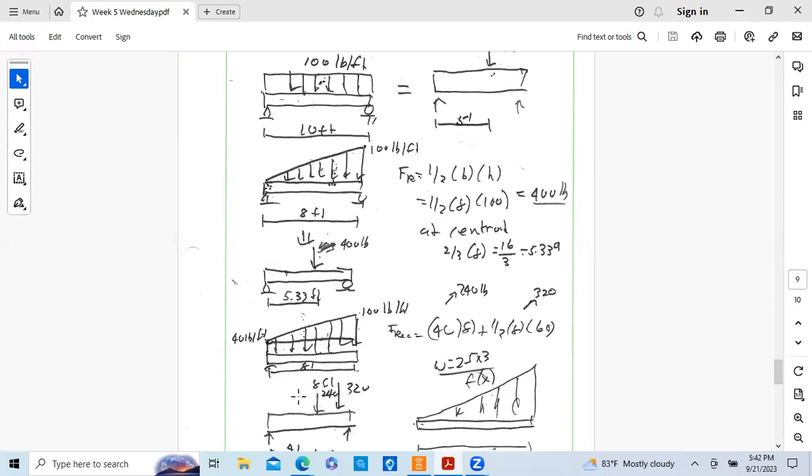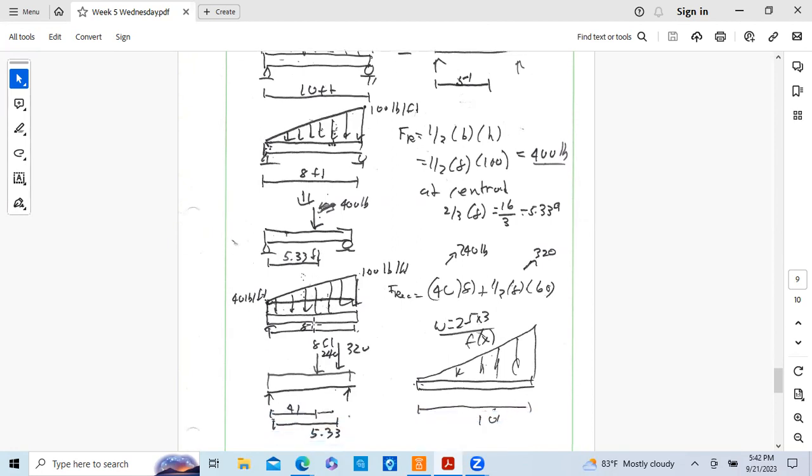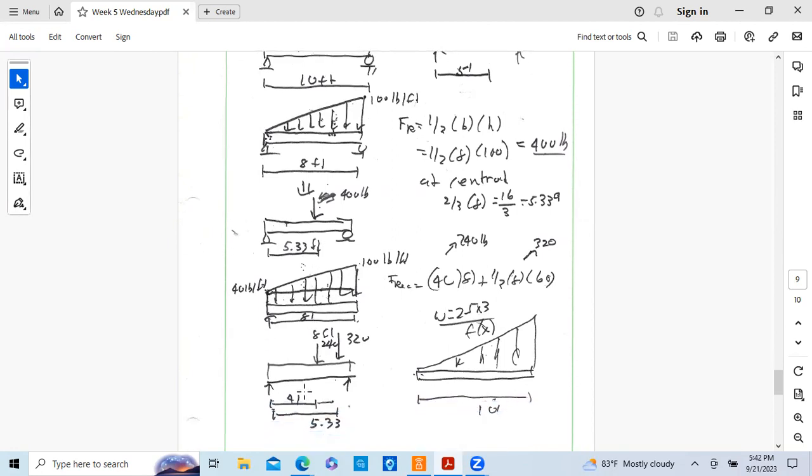Okay, so we will have two forces, one centered here, and then one centered over here, 2/3 the distance over from 8. Okay, so at 4 feet and at 5.33 feet, we'd have the two forces, one from the rectangle and one from the triangle.